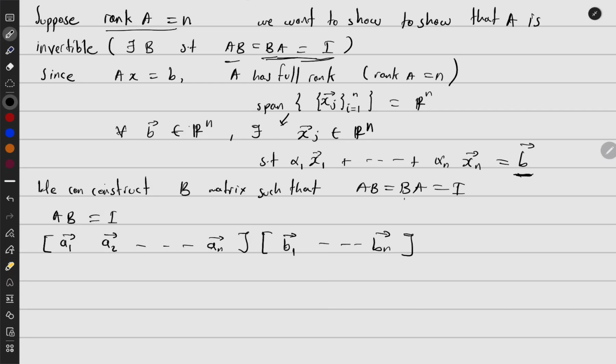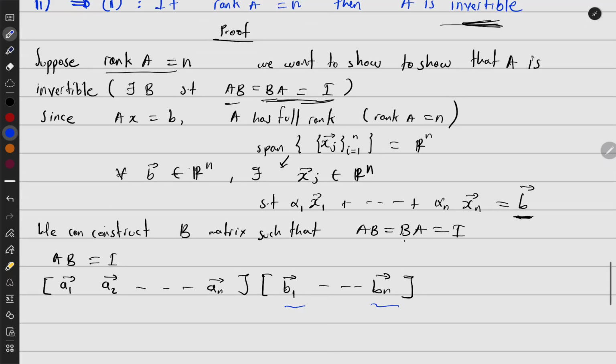However, these columns can be made, because we know that the rank of A equals n, and that A can span vectors in Rn. So since we can span vectors in Rn using the elements of A, I think it's better if I write A here.